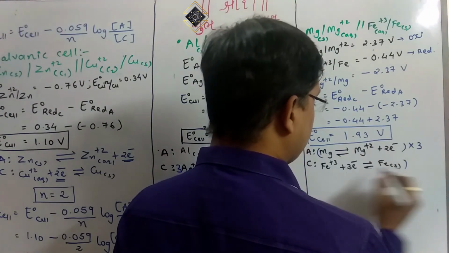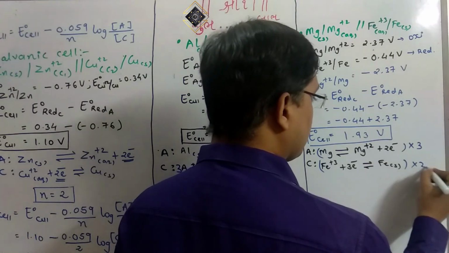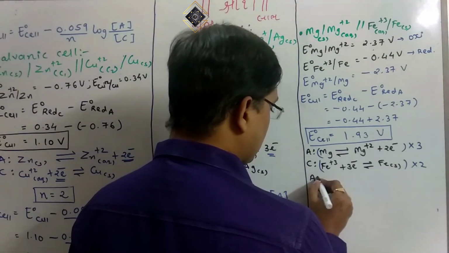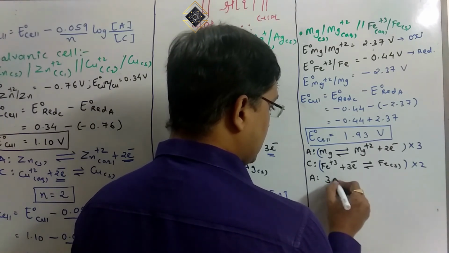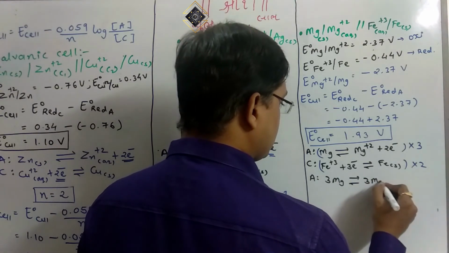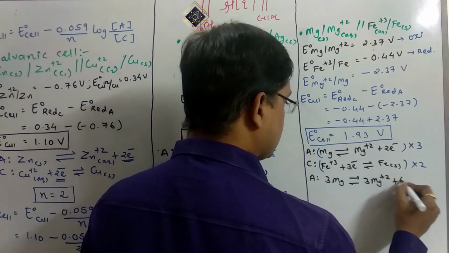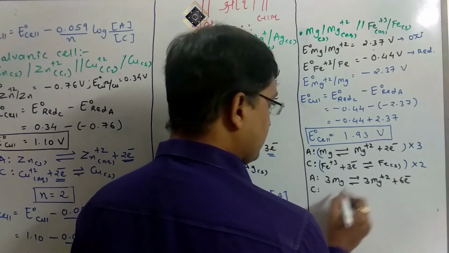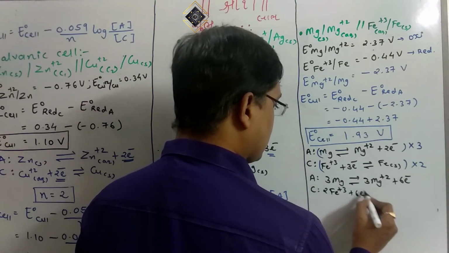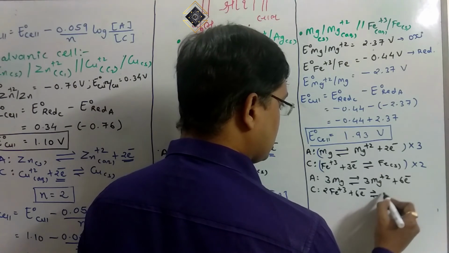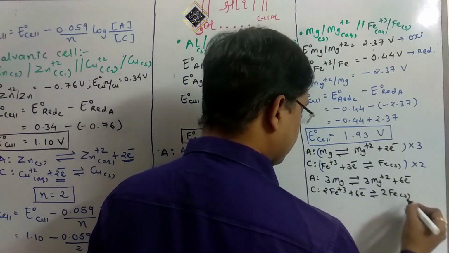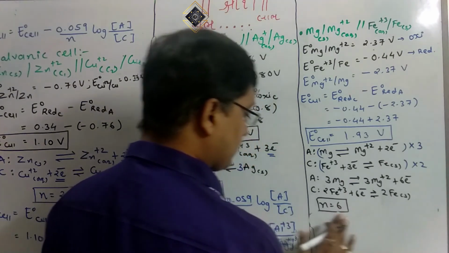We rewrite the equation. Anode is 3 Mg reversible to 3 Mg plus 2 plus 6 electrons. At the cathode side, 2 Fe plus 3 plus 6 electrons reversible to 2 Fe solid. Then n equals 6.